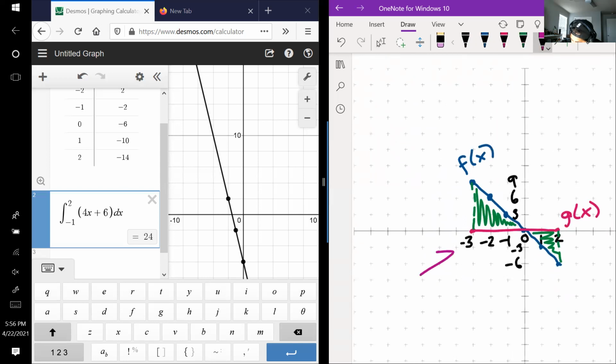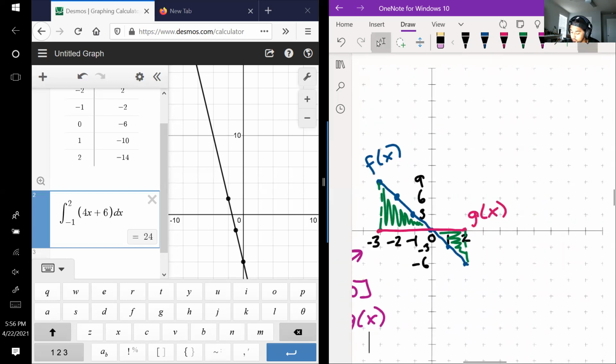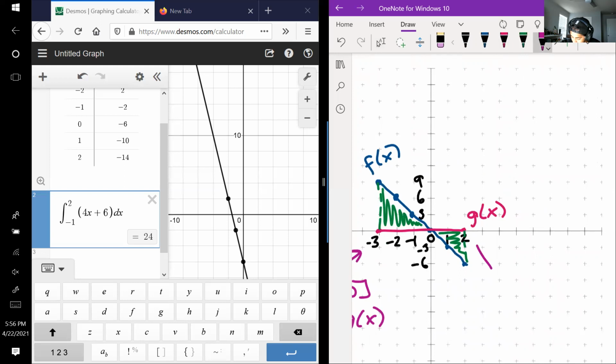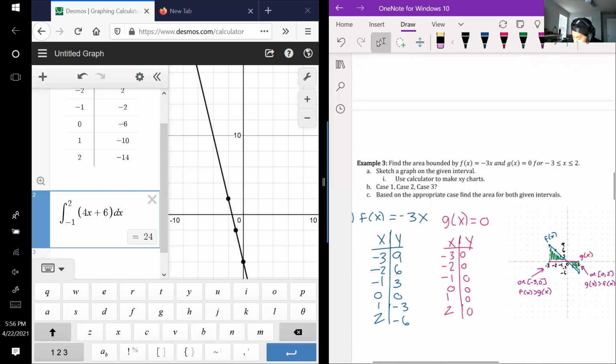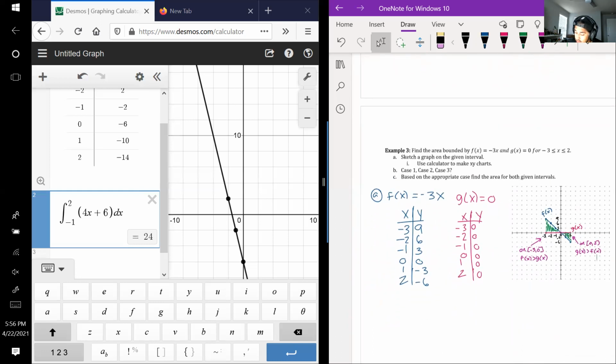Exactly. So for this interval, on -3 to 0, f of x is greater than g of x. And then on this interval, on 0 to 2, g of x is greater than f of x. So based on what I wrote on our graph, we know that this will be a case 3.